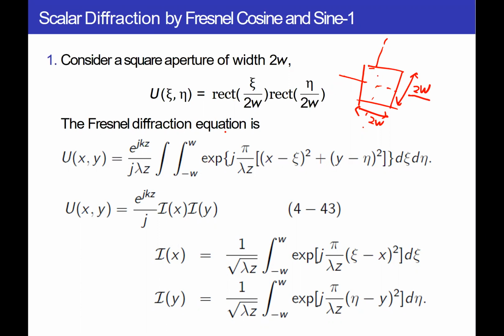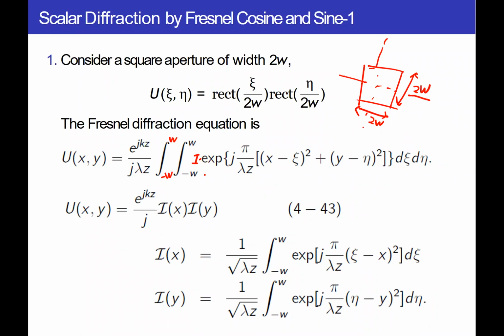And the Fresnel diffraction equation is given by this rectangular function, so that ξ, η are both confined between W and minus W. And then our U(ξ, η) within the aperture is going to be 1. Okay, so this is our reduced Fresnel integral.